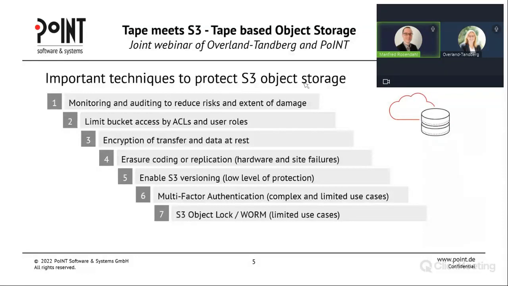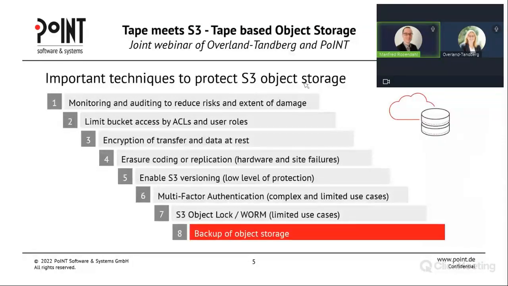It will be either too short or too long, so it has limited use cases. And finally, on this list, the item of backing up the object store. So I don't mean backing up your backup, but if a tier 1 application uses the object store as a primary storage, then you need a backup of your object storage. But how can you do this?